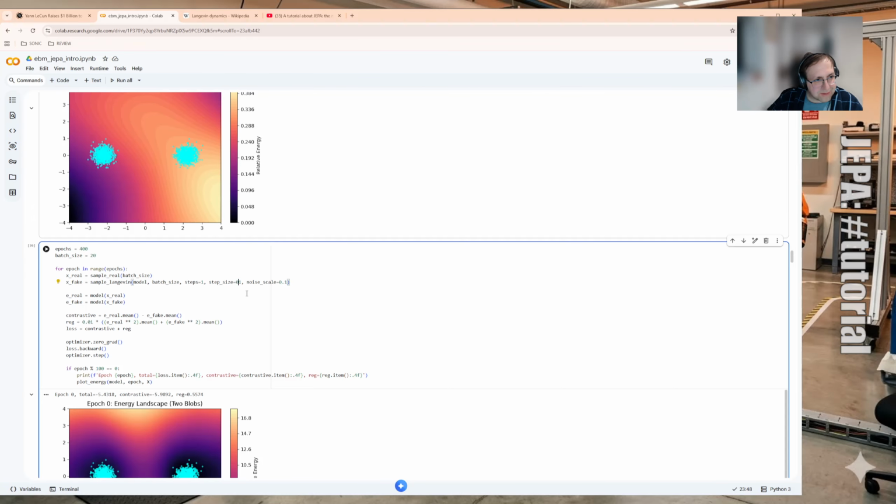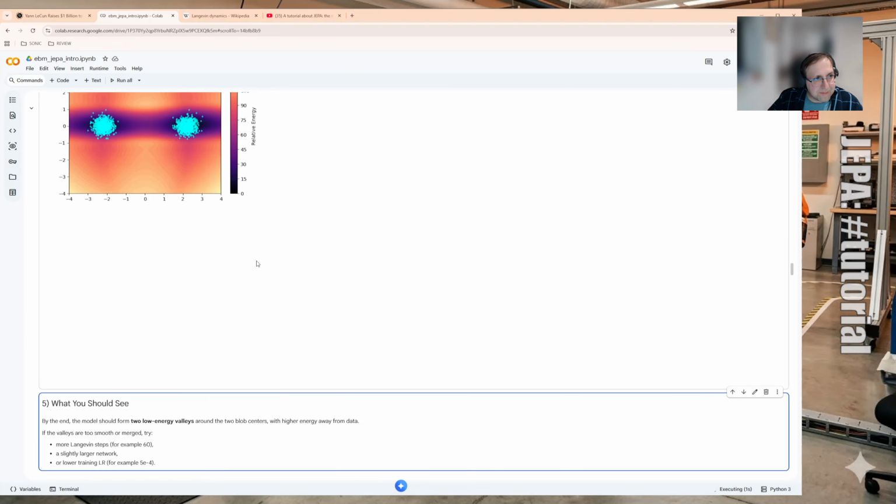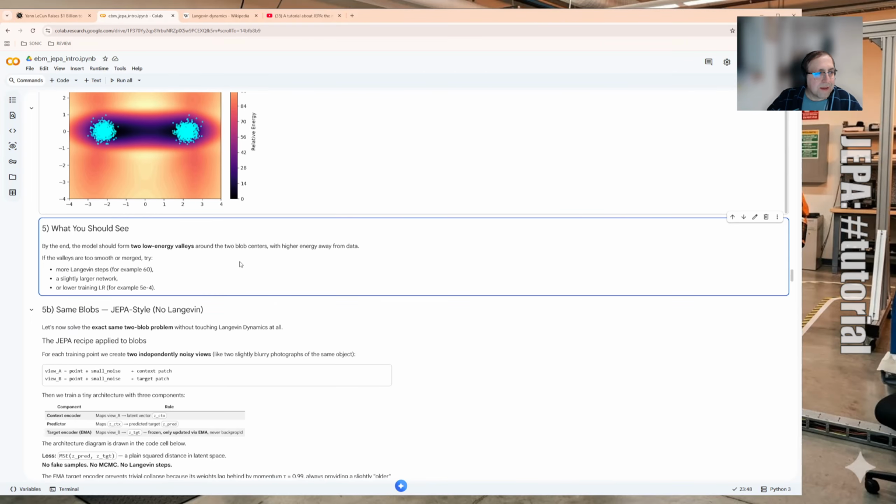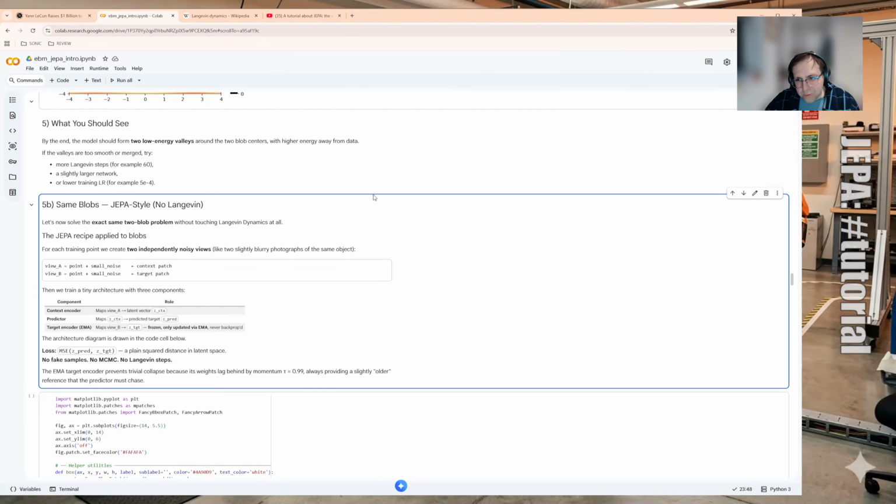And if I increase my step size, yeah, it's getting worse. So just to give you an idea, right? You essentially have to play with these parameters, and there's a computational cost.